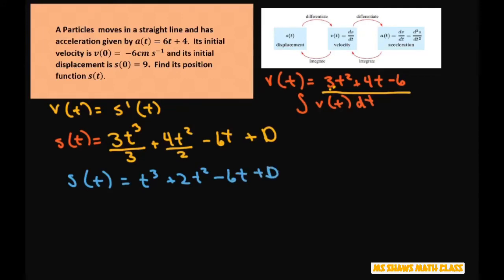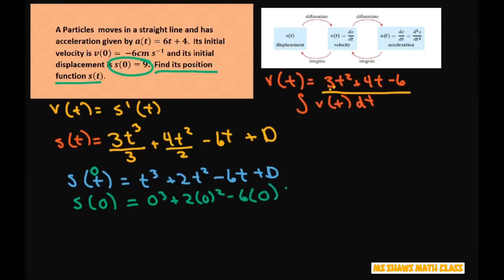We're almost done. To find the position function, we're going to use that s of 0 is 9. So everywhere there's a t, I'm going to plug in 0. S of 0 is 0 cubed plus 2 times 0 squared minus 6 times 0 plus d.